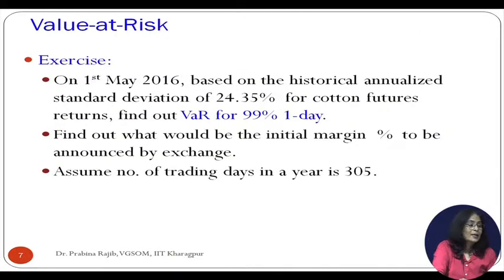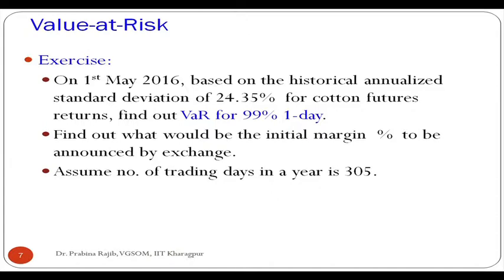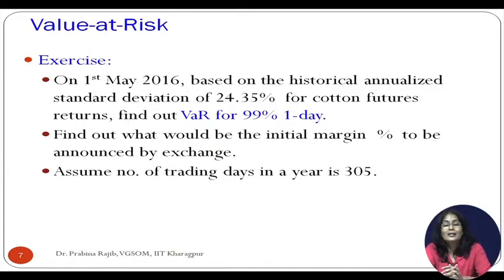So let's take an example of how exactly it will be calculated. Let's say on 1st May 2016, based on the historical annualized standard deviation for cotton futures, analysis of the annualized standard price of cotton futures indicates that the volatility is 24.35%, and we need to calculate the 1 day VAR at 99%.